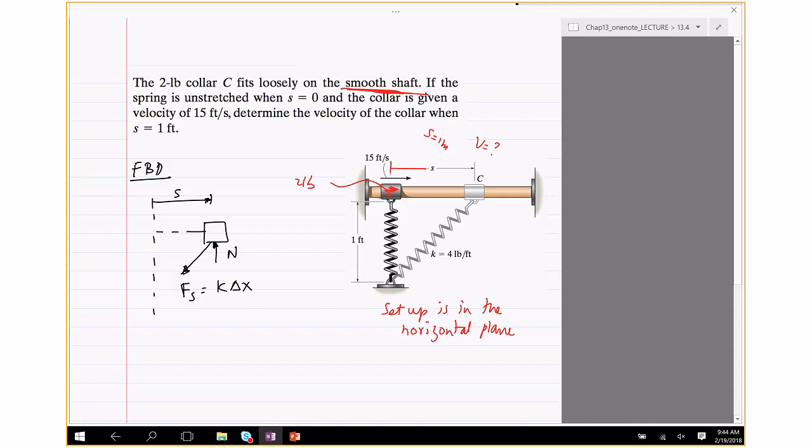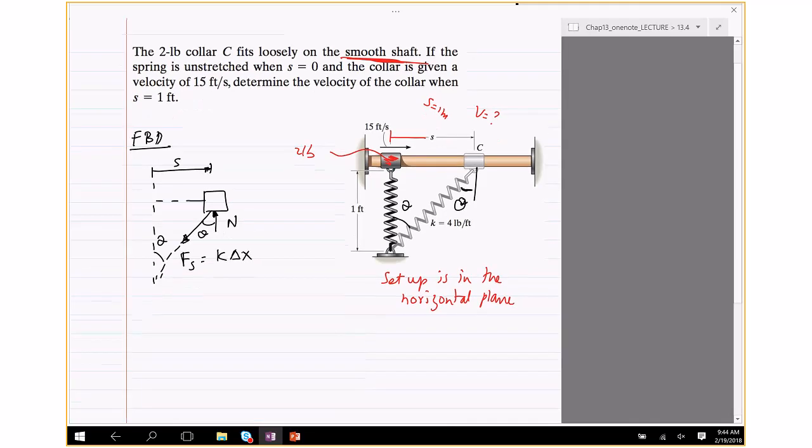The only thing I want to do here is resolve the forces. So I'm going to assume this is theta. Okay, I think I'm all set to write the equations of motion. Let's call this x and this y.